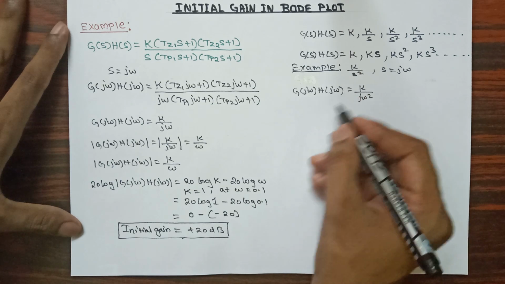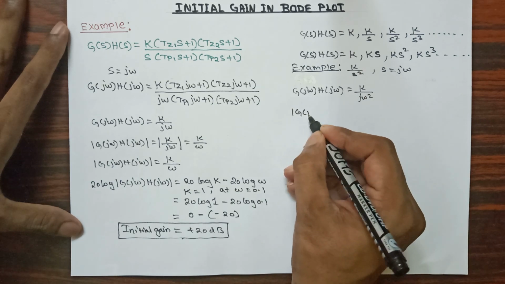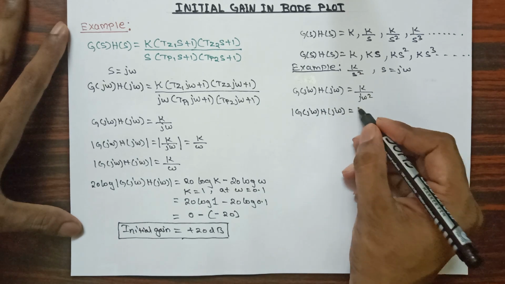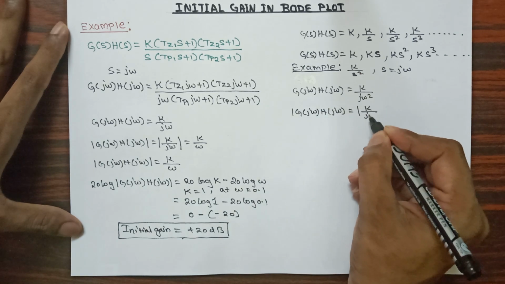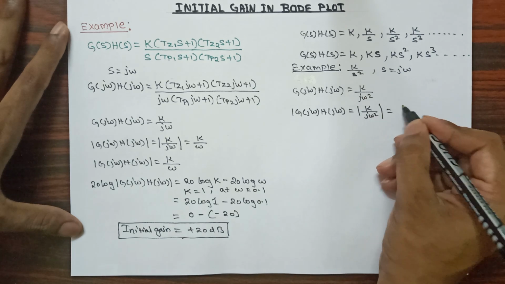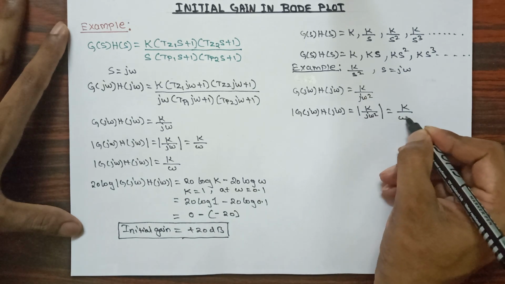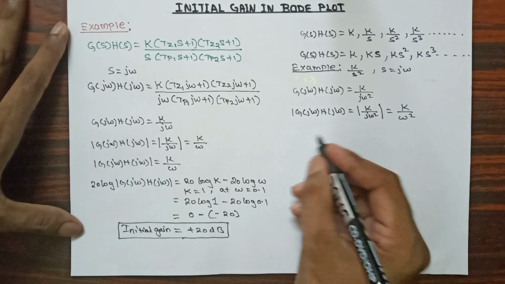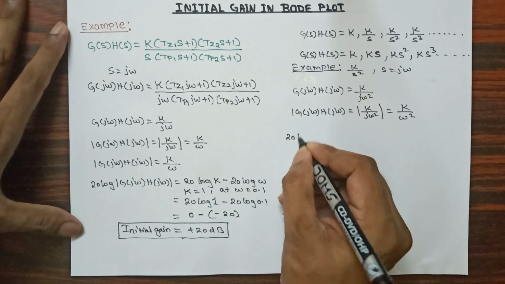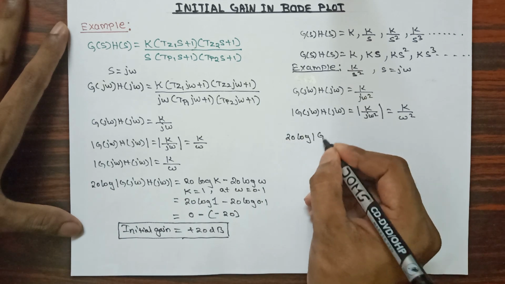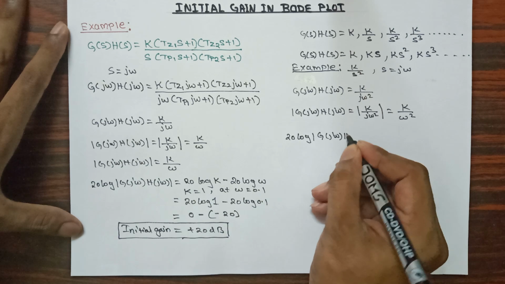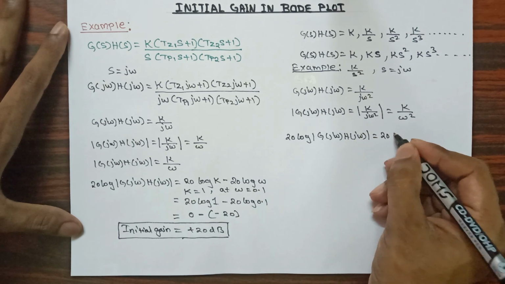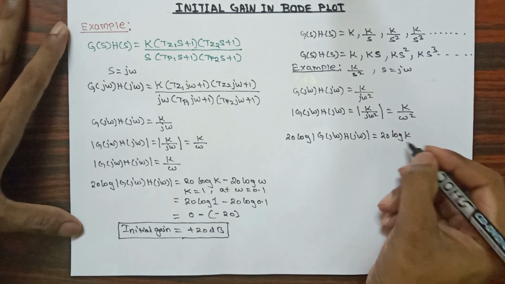Now here, by taking the magnitude of this, magnitude of G(jω)H(jω) is equivalent to magnitude of K by (jω)², which is K divided by ω². So now, as I said, to get this value in decibels, we apply 20 log on both sides. 20 log of magnitude of G(jω)H(jω) is equivalent to 20 log K, the numerator value I have written.